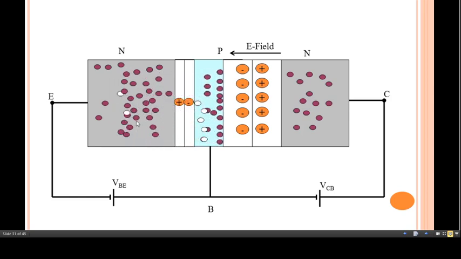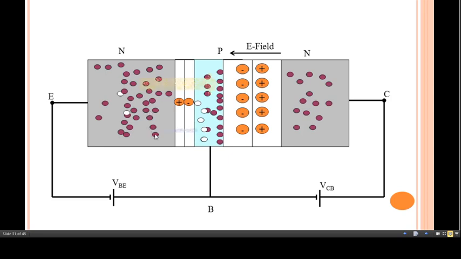So what will happen due to application of these voltages? You can see the electrons are moving from emitter to the base like this, and the holes from base have moved to the emitter.